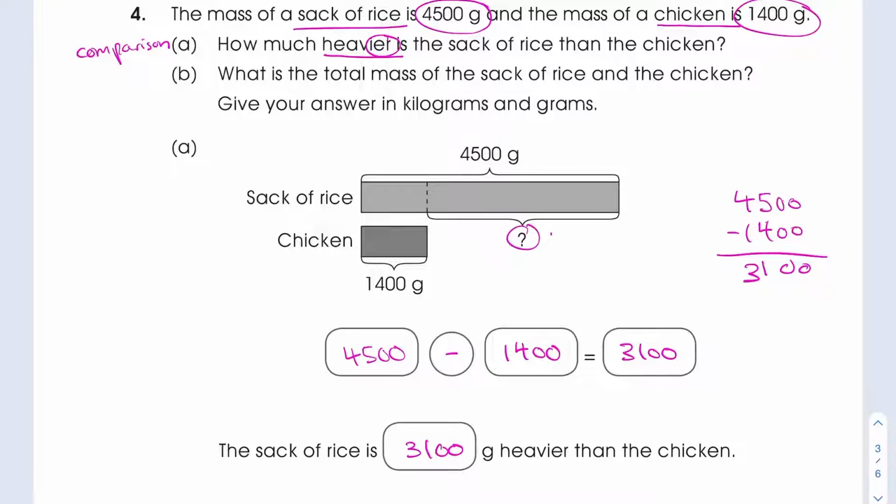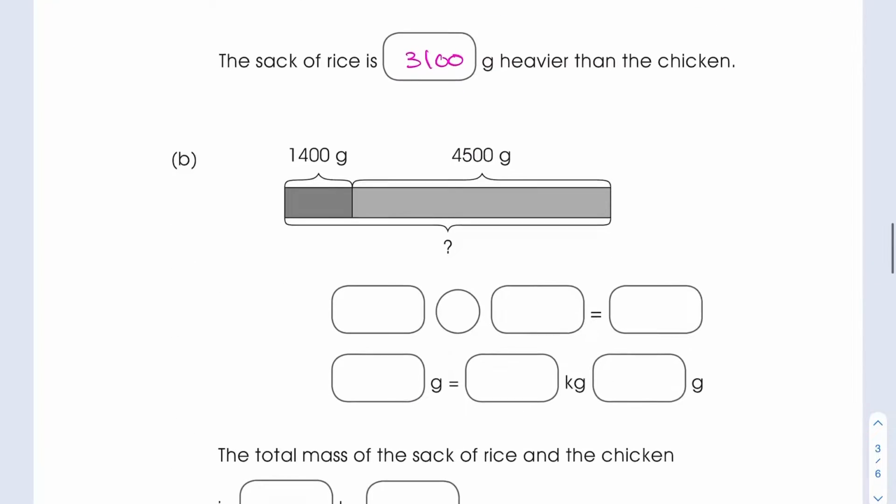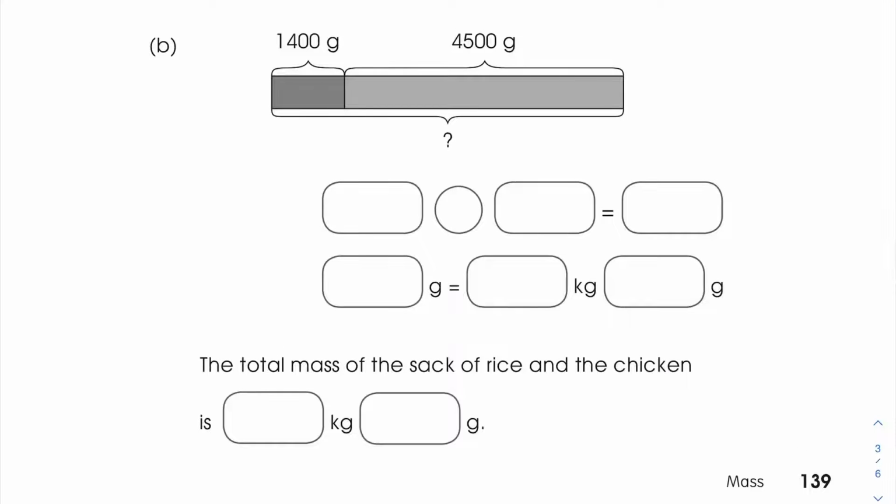Question B. What is the total mass, okay, of the rice and the chicken? So we need to add them both together. Okay, so as you can see, it's all done up nicely for you. So we can add them.